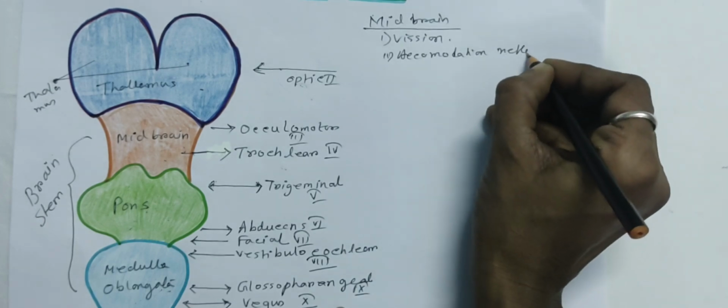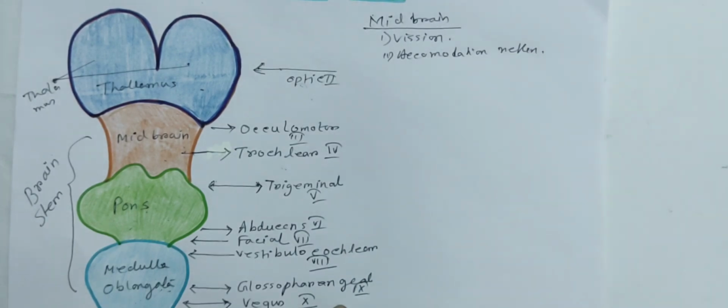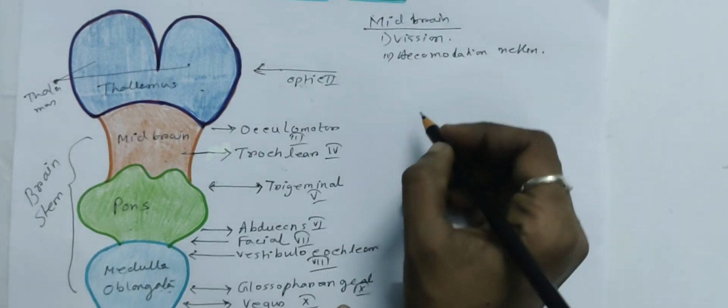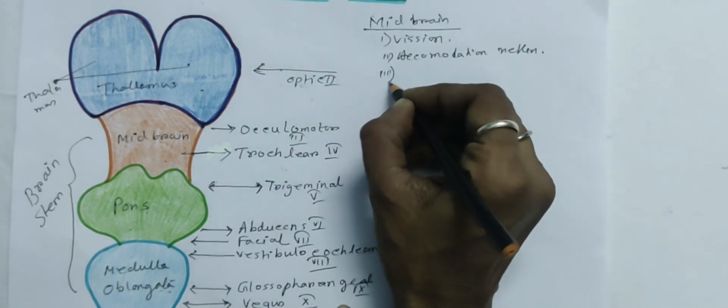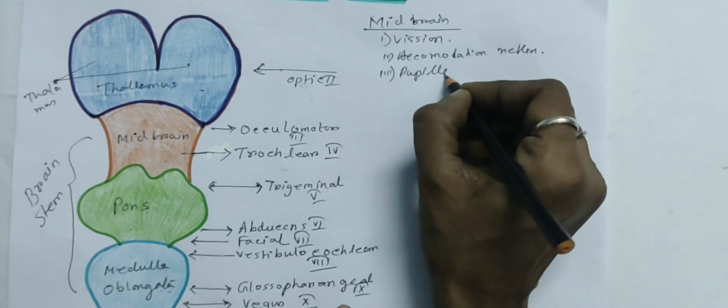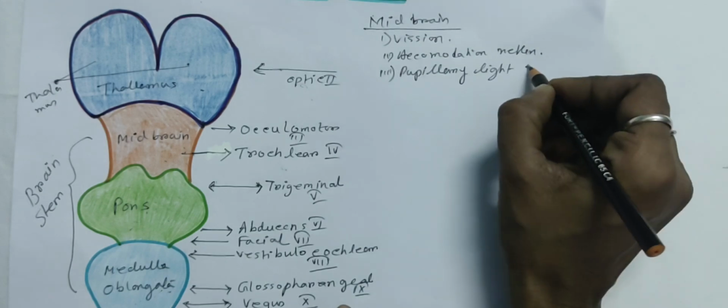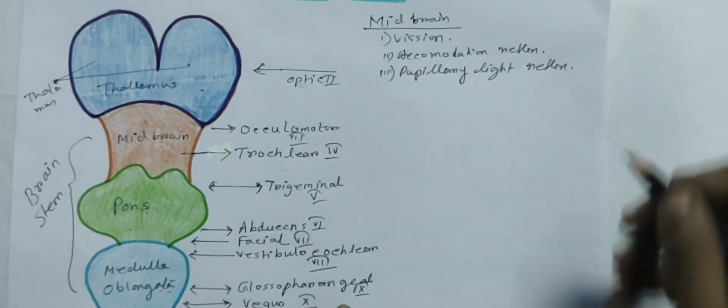Accommodation reflex is that when we find some object in front of us, we can measure the distance. That is the accommodation. Next, pupillary light reflex.